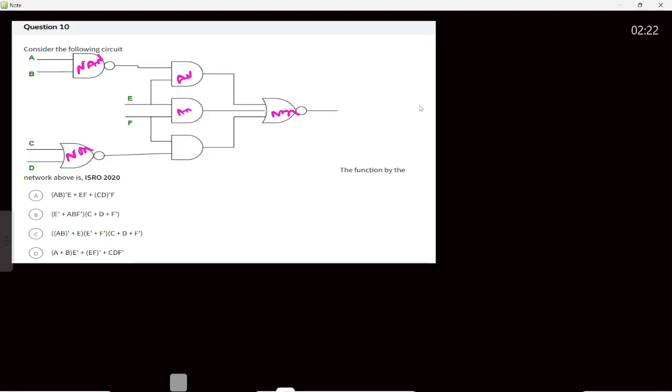NAND gate can be written as A B bar, and with E. So here equation will become A B bar and with E.